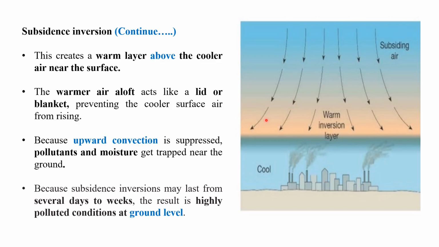So the compressed air, this part, is going to be warm. It acts as a blanket, right? It prevents the cooler surface air from rising. Because upward convection is suppressed, pollutants and moisture get trapped near the ground. Because subsidence inversion may last from several days to a week, the result is highly polluted condition at the ground level.